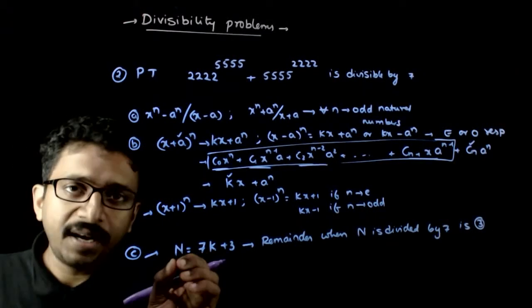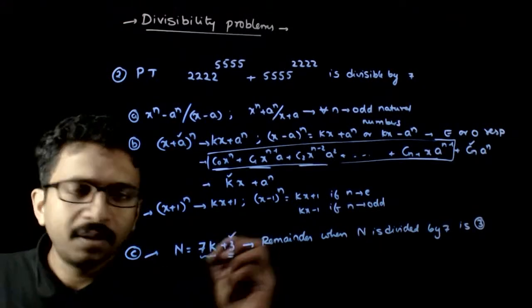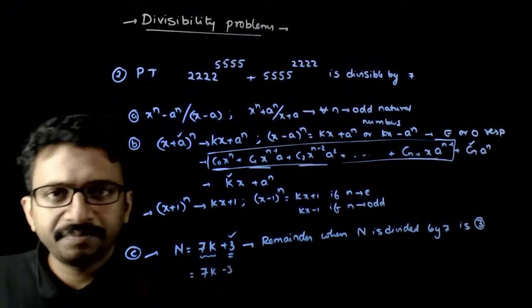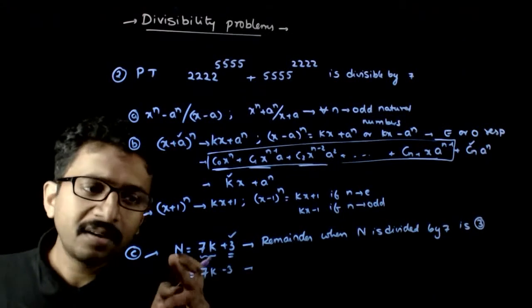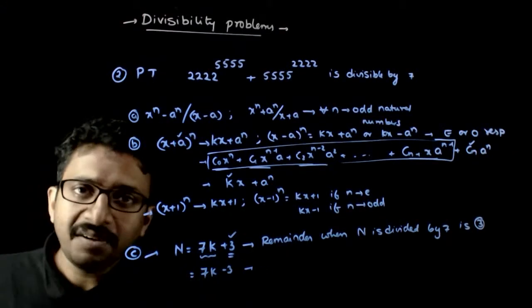So if you have a number n as 7 times something plus 3, the remainder will be 3. If you have a number something like 7k minus 3, then what is the remainder when n is divided by 7?